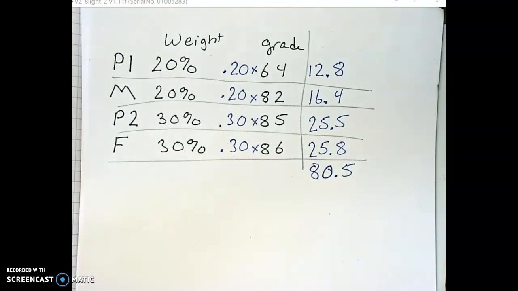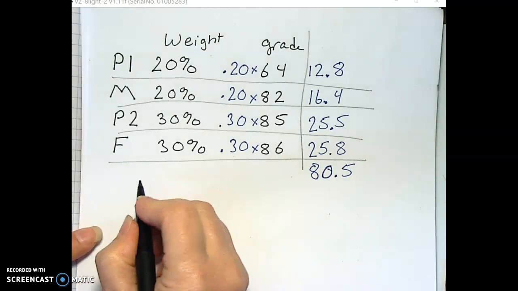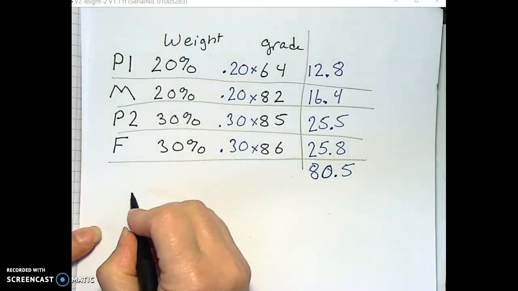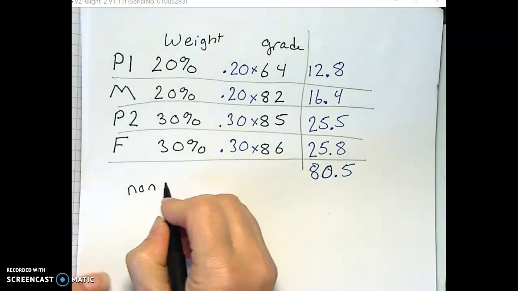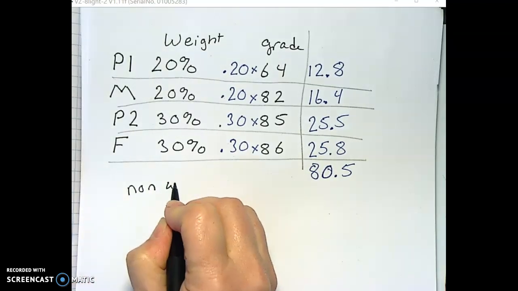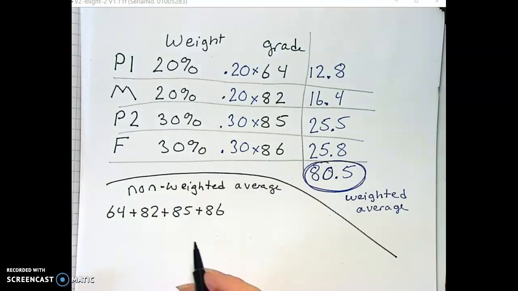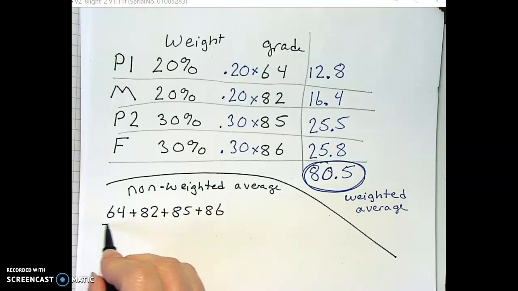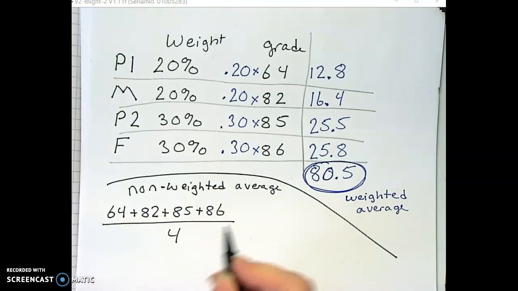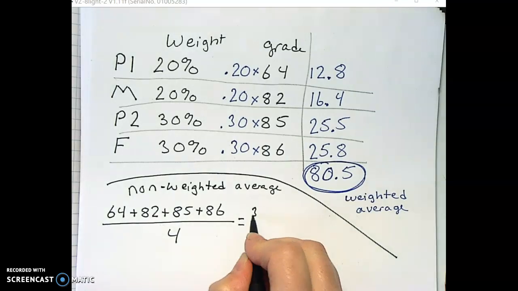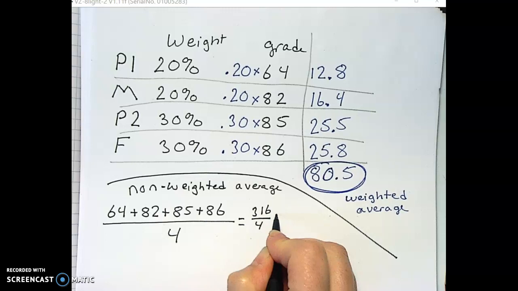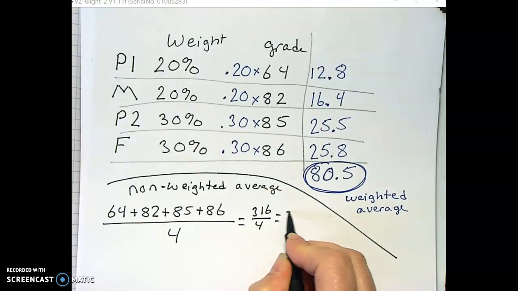So for the non-weighted average, you add them all up, and there are 4 different grades. You divide by 4, and 316 divided by 4 gives you a 79.